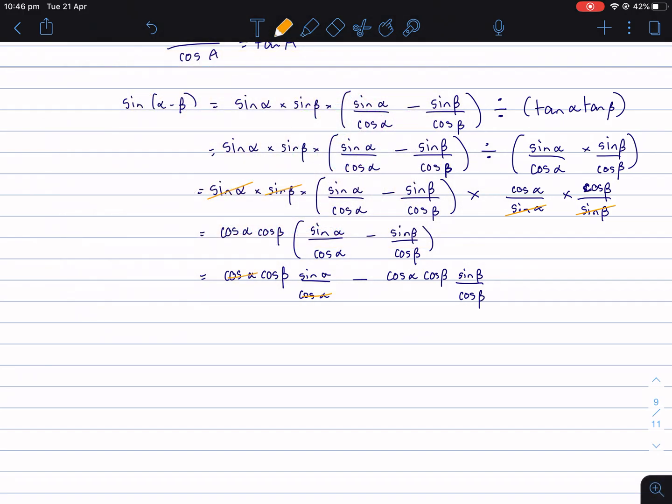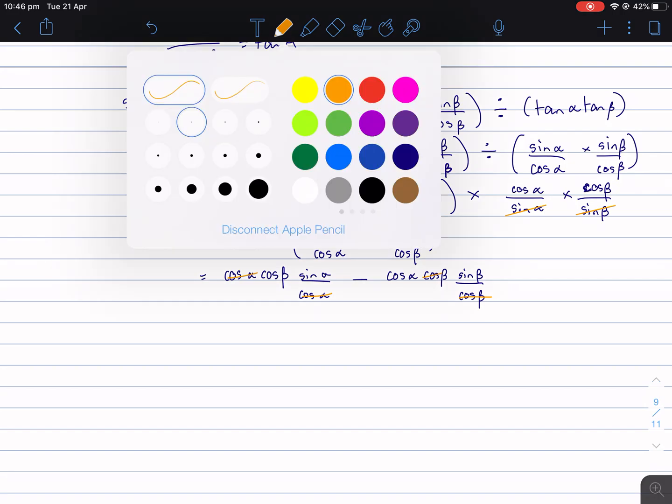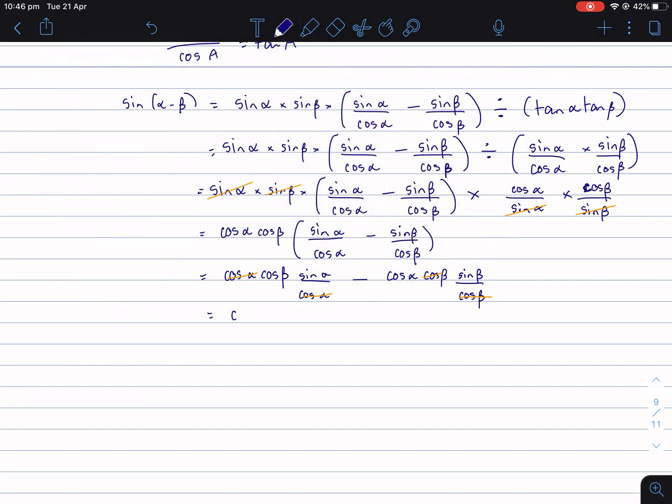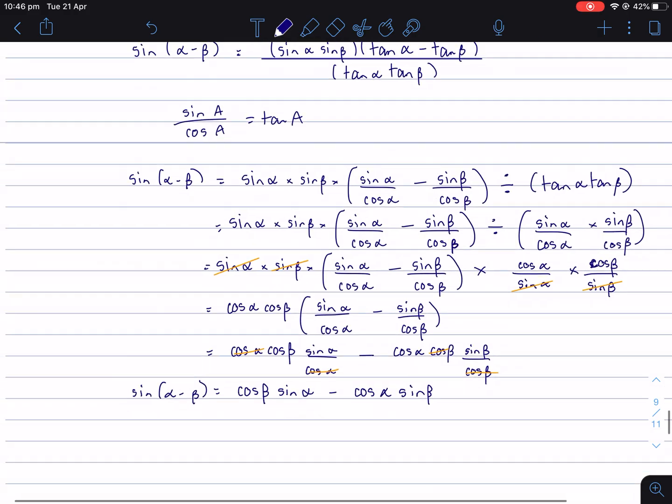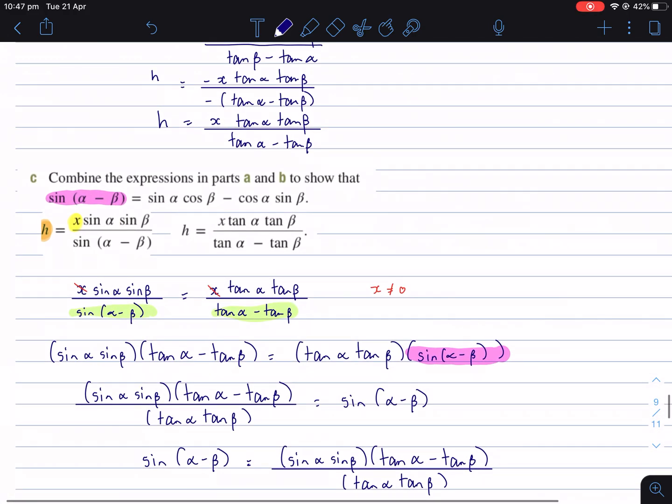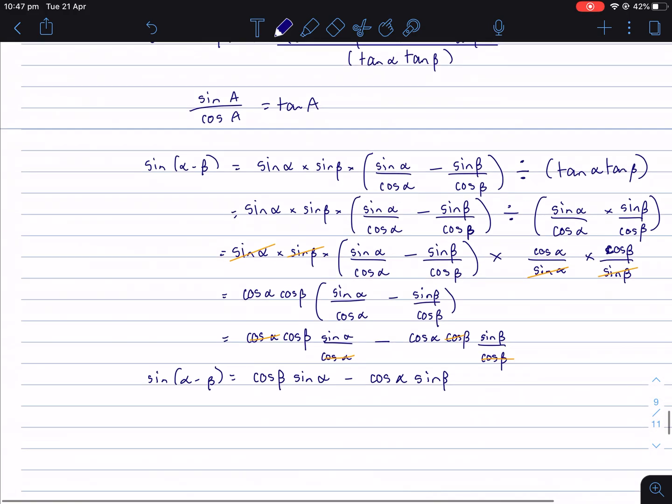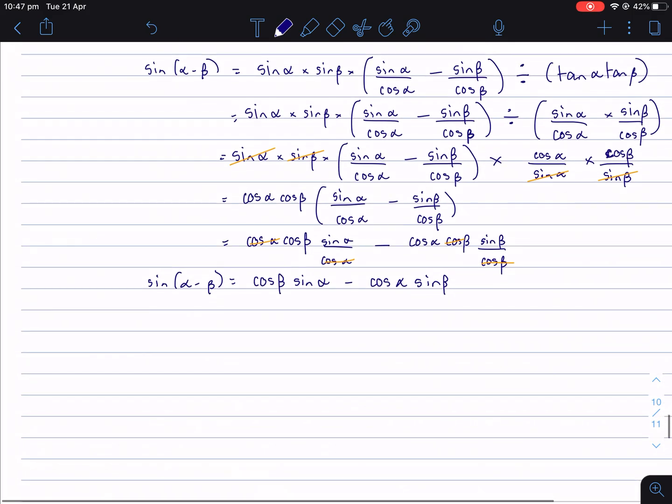So it's going to give me cos beta sine alpha minus cos alpha sine beta. And that was sine alpha minus beta. So please let that be what I wanted. I'm so over this. Sine alpha cos beta. Yes! Boom.